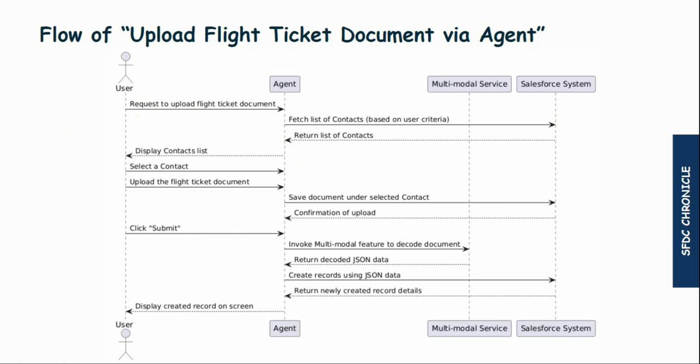And those will be presented on a Lightning card, and for showing it in the chat window as a Lightning card, we are going to use a custom Lightning type.